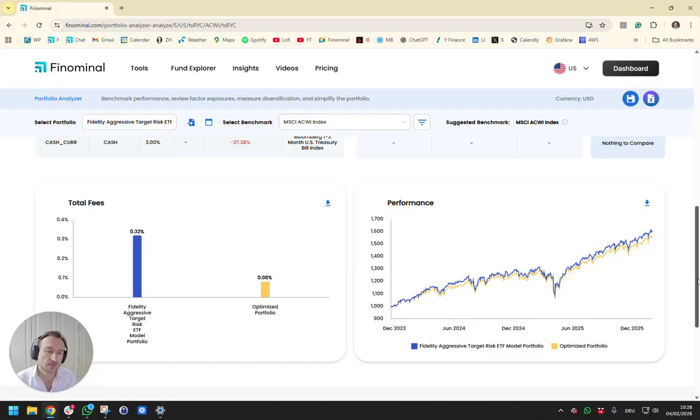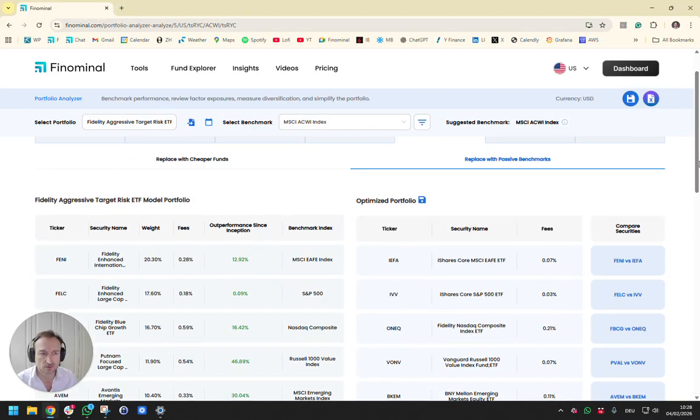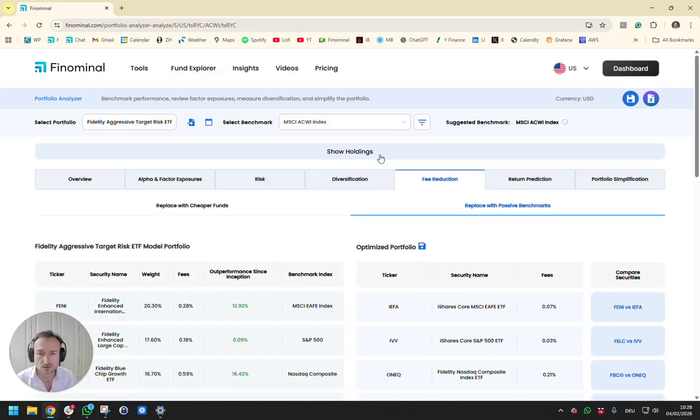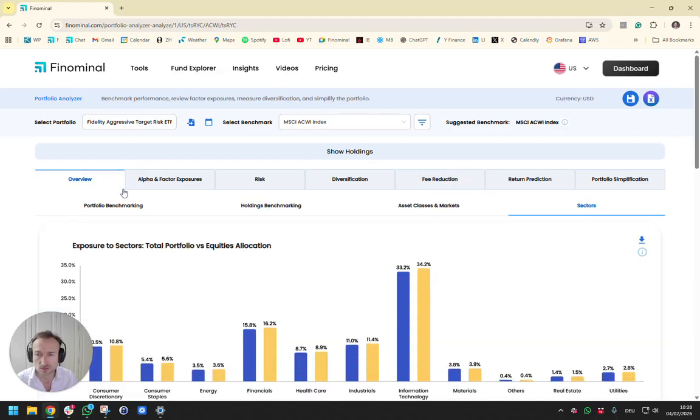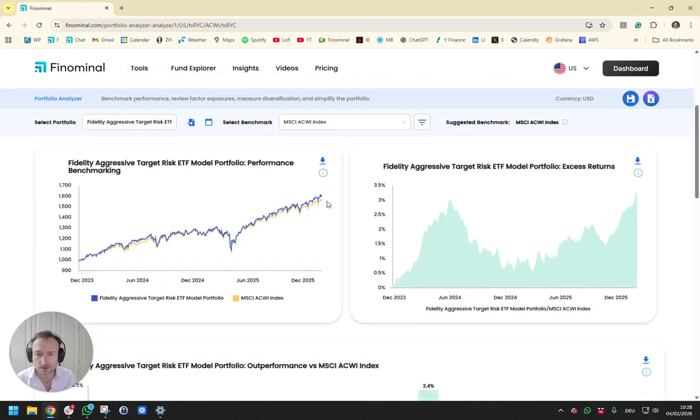Finally, there's a question. Is it worth having 8 ETFs for getting exposure to global equities? And we've already seen that some of these holdings conflict. So could this portfolio be simplified? And the short answer is, of course, yes. Because we saw earlier that effectively this portfolio tracks the MSCI ACWI.